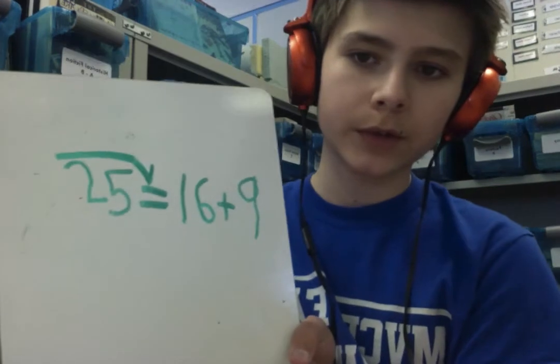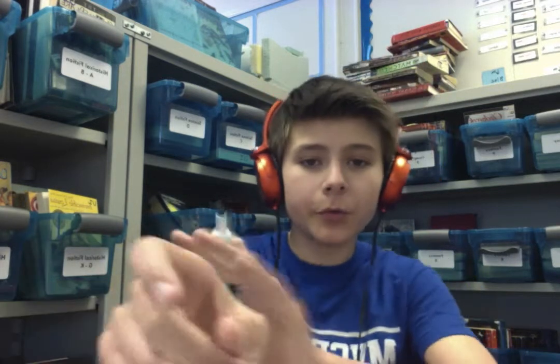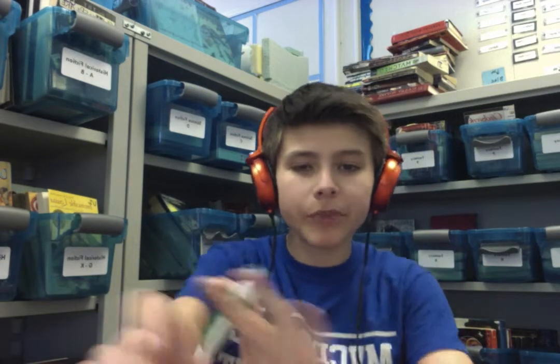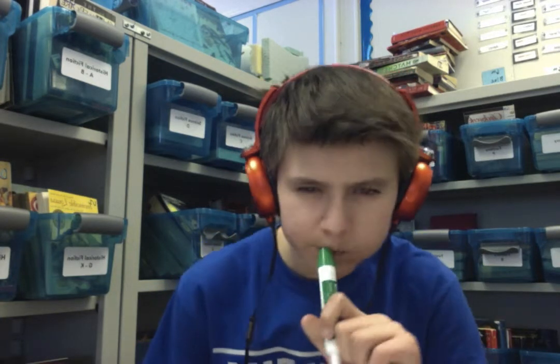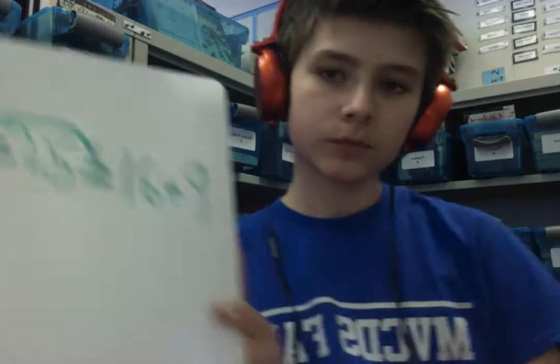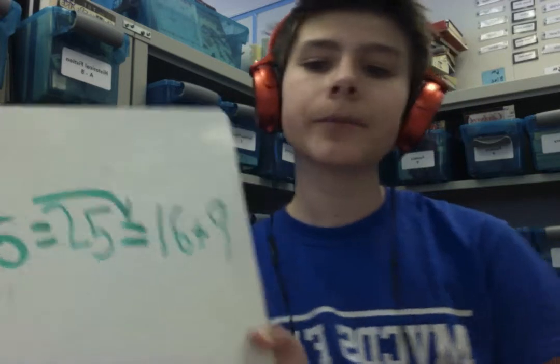Square root of 25. That's backwards, but it's just how the camera works. So the square root of 25 equals, oh yeah, it's 5. So it's 3, 4, 5, A, B, C. So that would be 5, as you can see here.